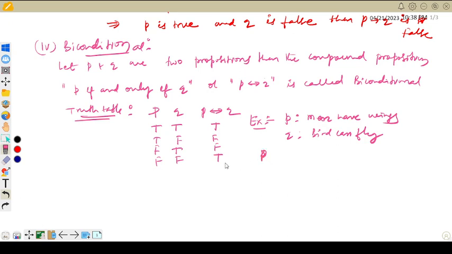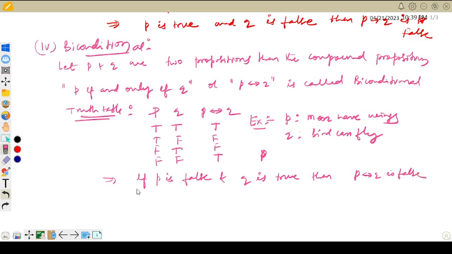Which implies that, students, P is false and Q is true, then P if and only if Q is false.